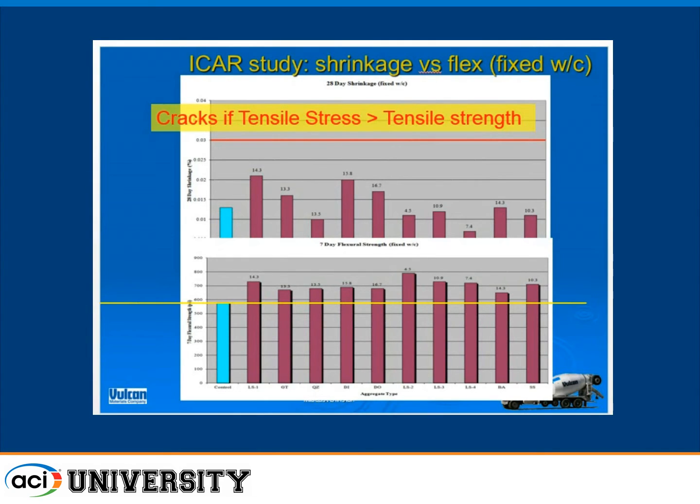If the tensile stress is greater than the tensile strength, which is a lot of times reflected in the flexural strength, you get cracks. If the tensile stress from shrinkage never exceeds the tensile strength capacity of the concrete, you're not going to get any cracks. So looking at this graph, with the increase in flexural strength, or the tensile capacity of the concrete, there will be greater resistance to cracking due to shrinkage.